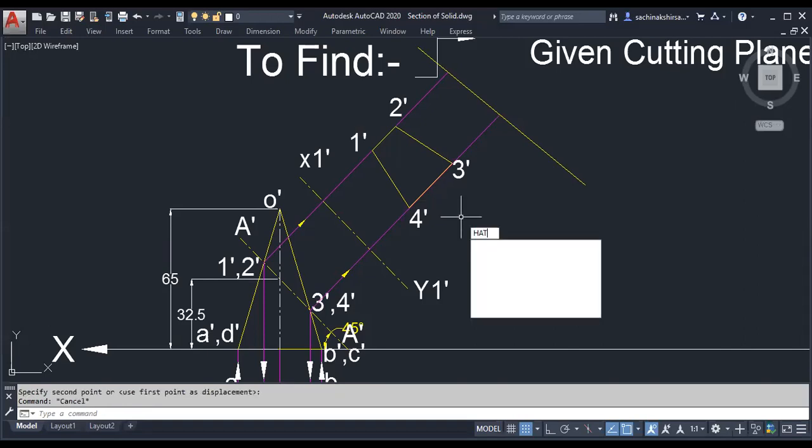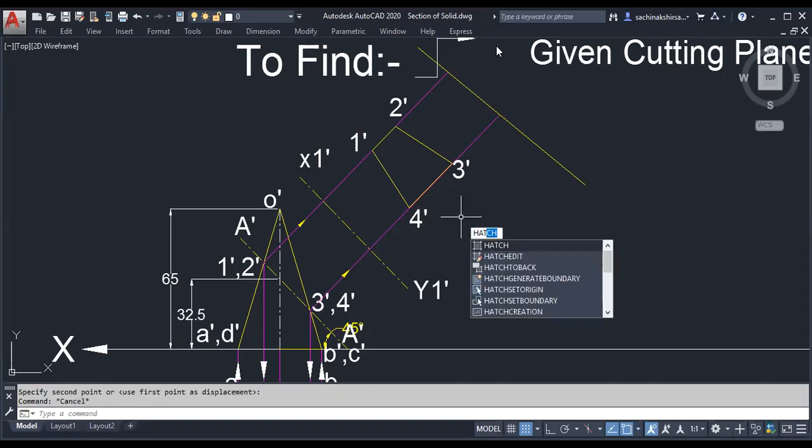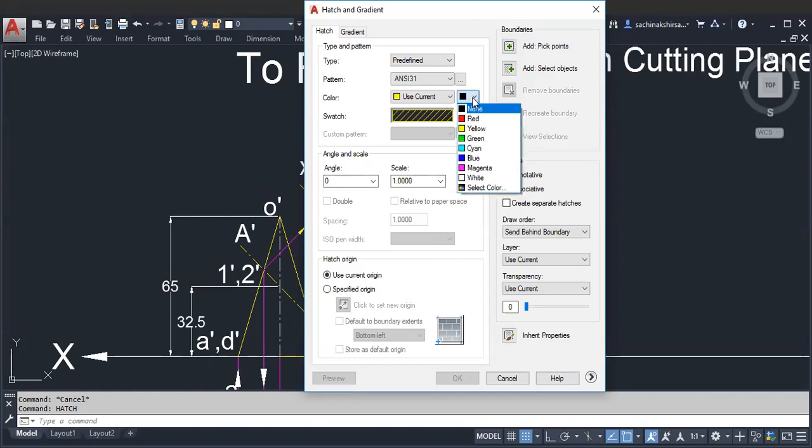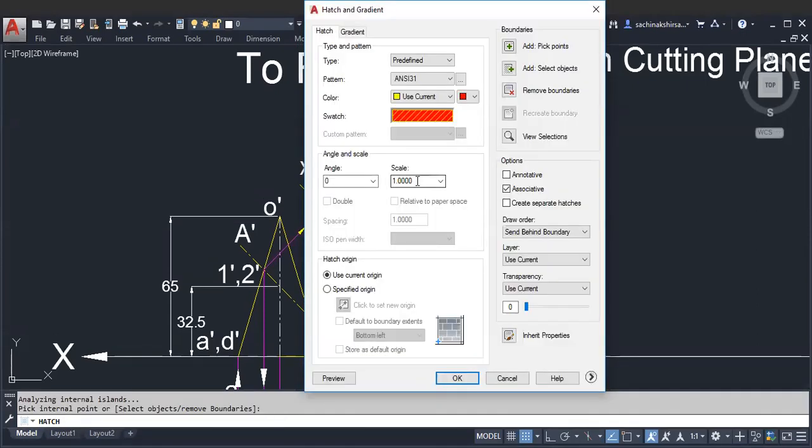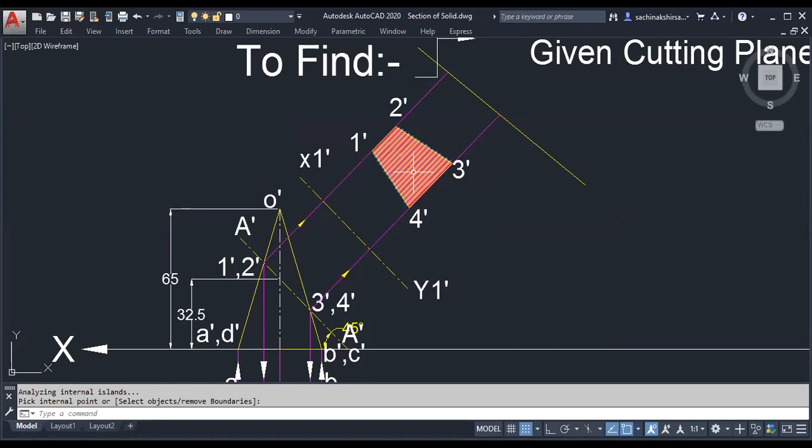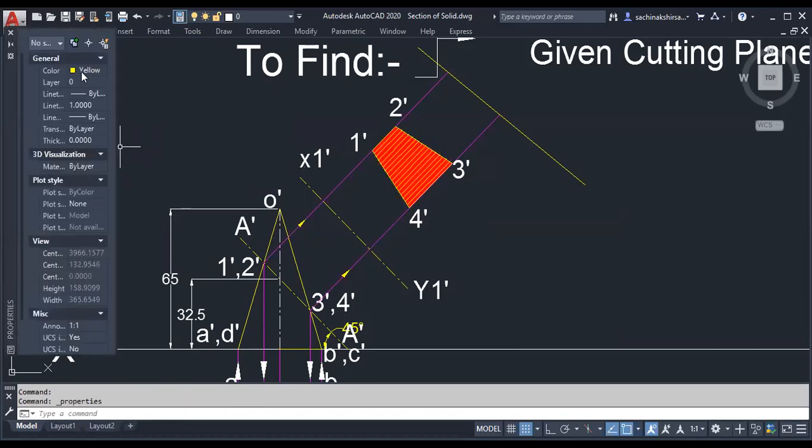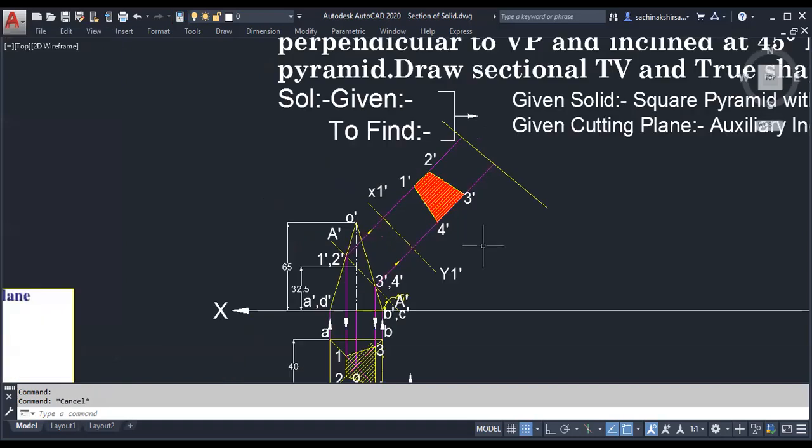Here there is some problem. Something like this.